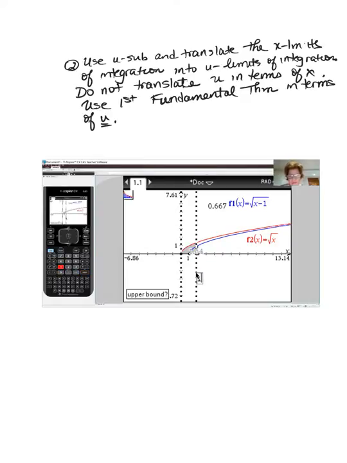Press enter. And that gives us an area. I don't know if I could grab this over here. Try. Oh no. Very hard to grab it. Wait, hold on. Here we go.